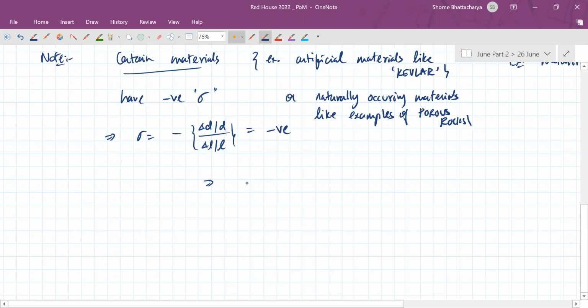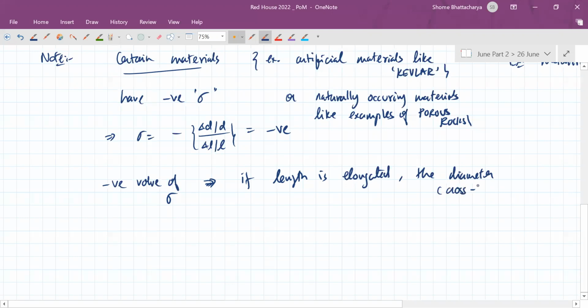Which means that a negative value of Poisson's ratio implies that if length is elongated, the diameter, or correspondingly the area of cross section, also increases. Or if length is compressed, the diameter is also compressed.